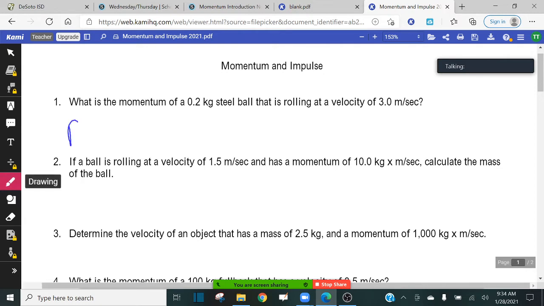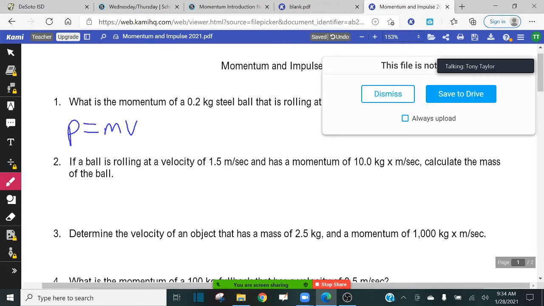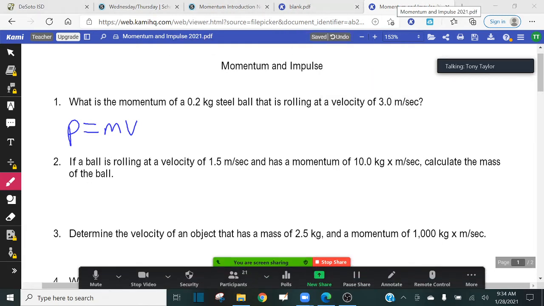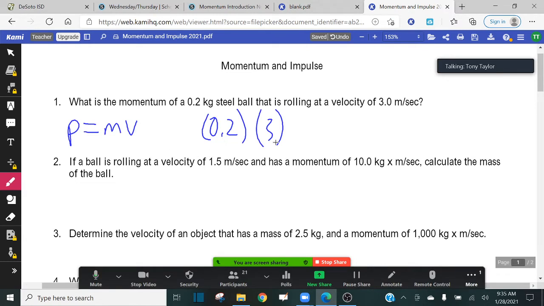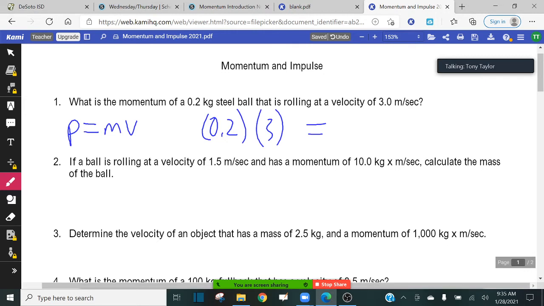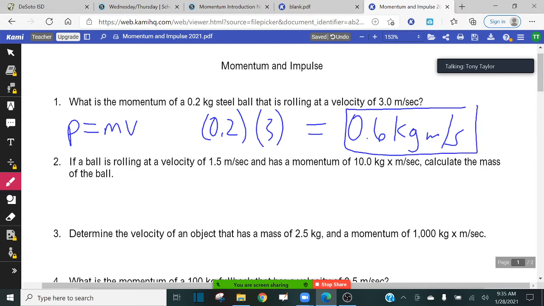If our mass is 0.2 kilograms and our velocity is 3, all we do is just multiply mass times velocity to get the overall momentum. So 0.2 times 3 turns out to be 0.6 kilograms meters per second. So that is the answer to number 1.